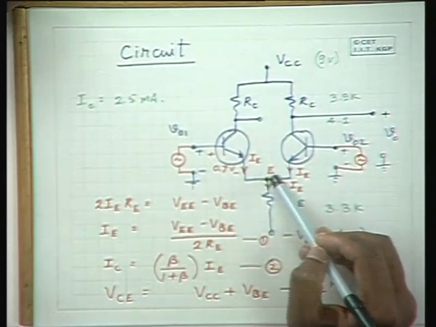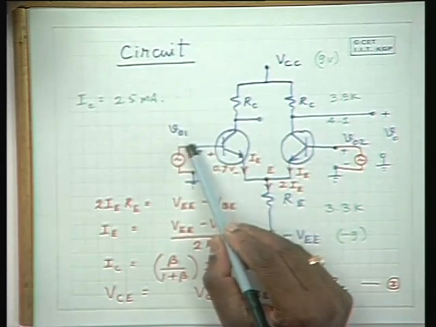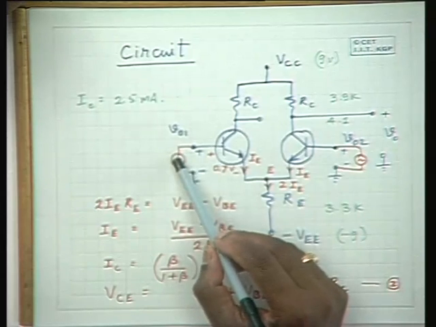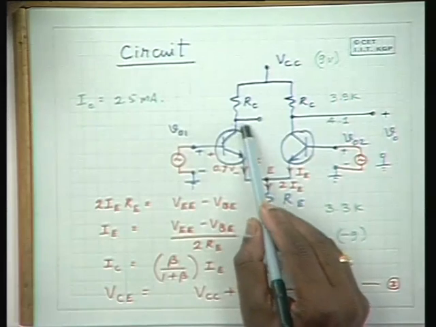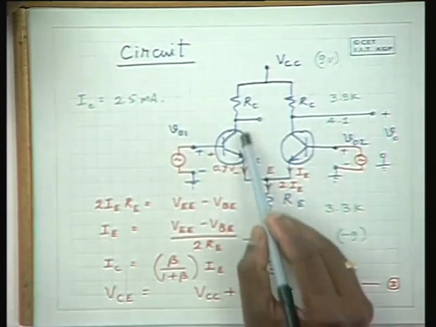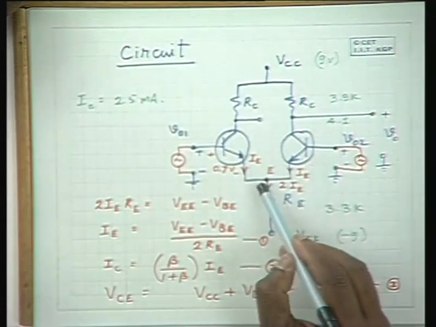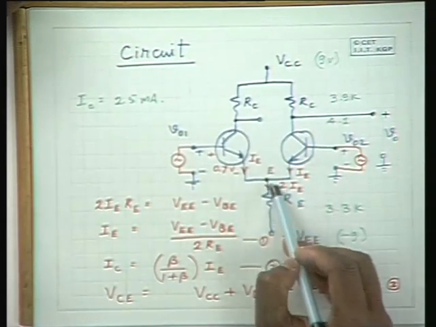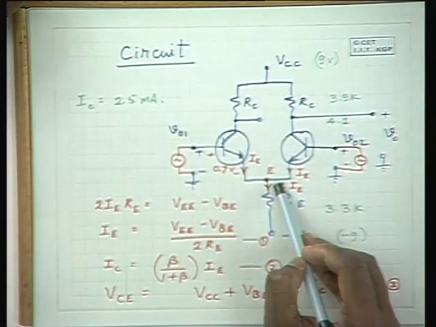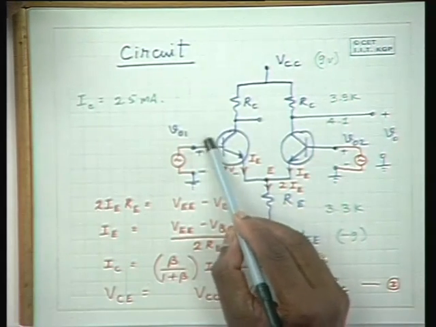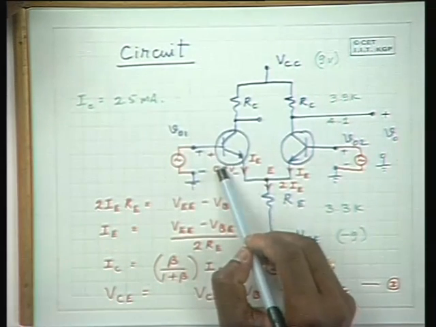Now, since these 2 emitters are connected, when you apply a positive signal here, the base current tries to increase, and as a result the emitter current increases. And the increased emitter current decreases the emitter current on this side, because when this potential rises by say 10 millivolts, this VBE is increased by 10 millivolts.